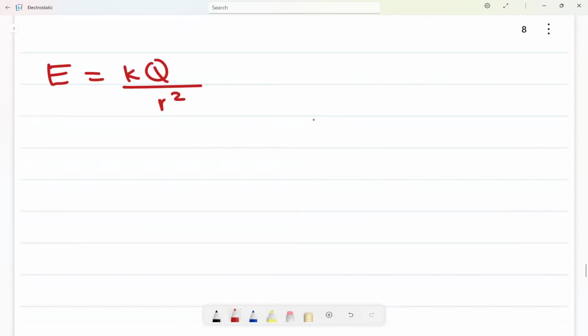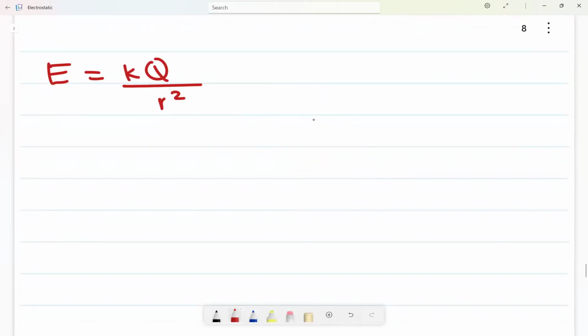Let's say now we have an object and an object. Maybe let's say point P. Point P is a point charge, a positive point charge.